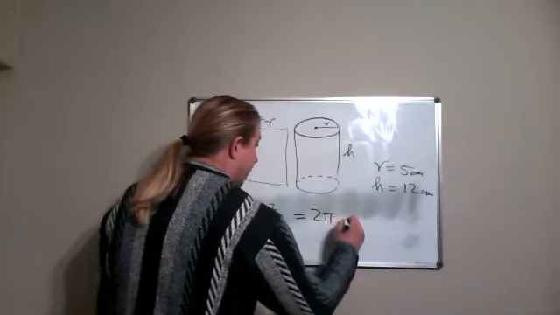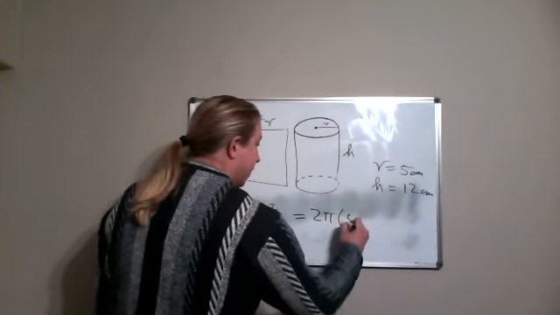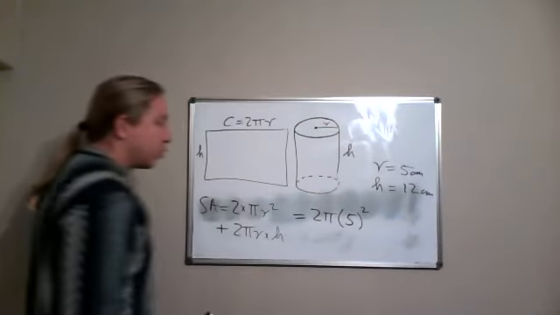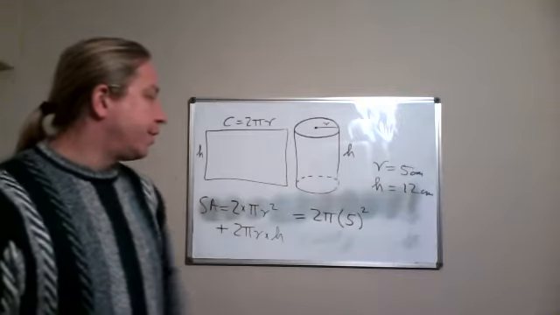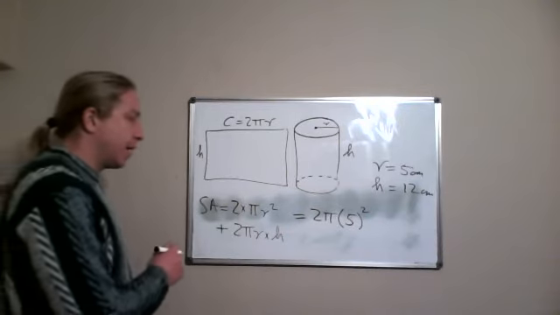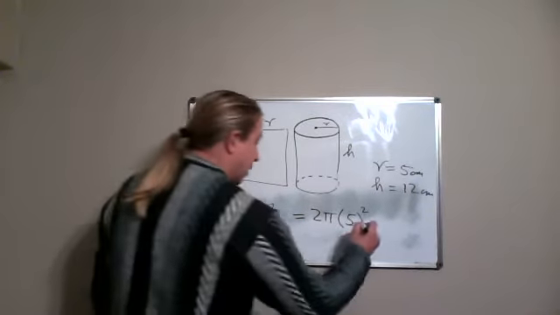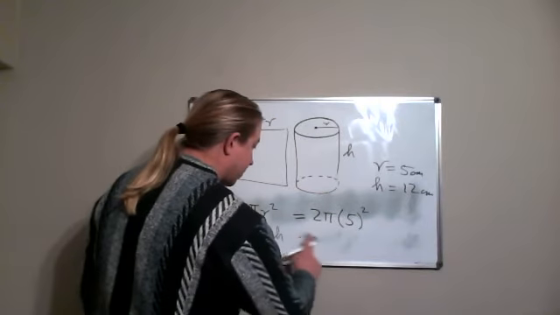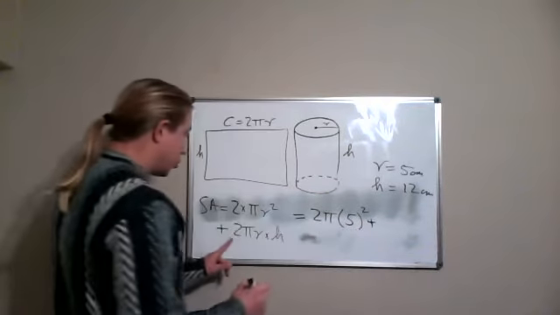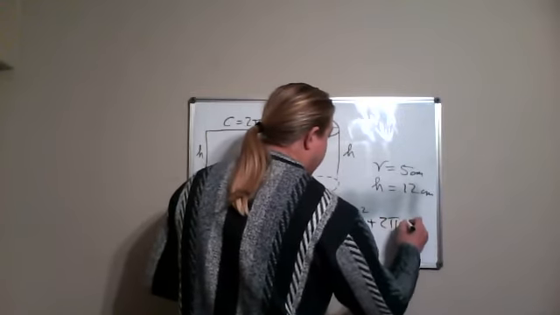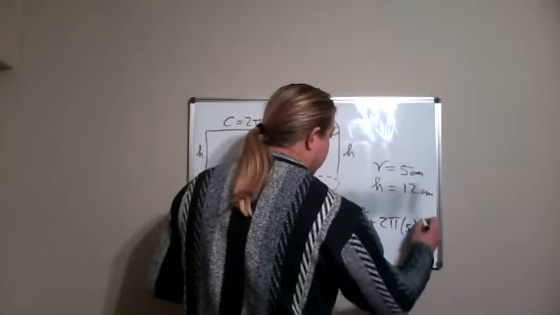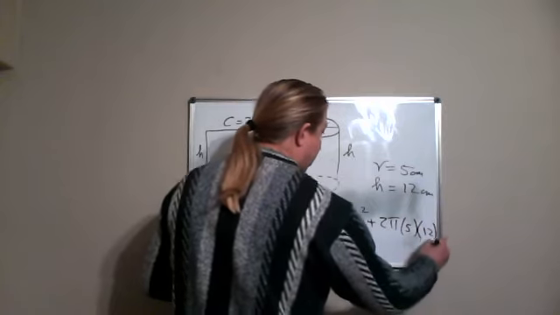So 2 pi times 5 squared. So all you're doing when you're substituting in a value, you put brackets around it, put the value in, close brackets, done. Okay, so that's that, plus 2 pi r times h. So 2 pi times 5 times h, which is 12.